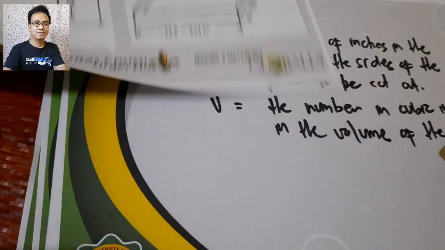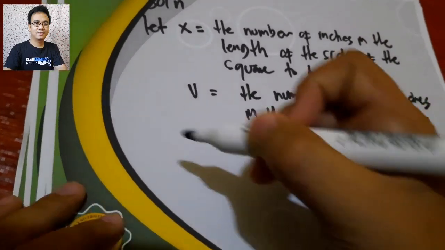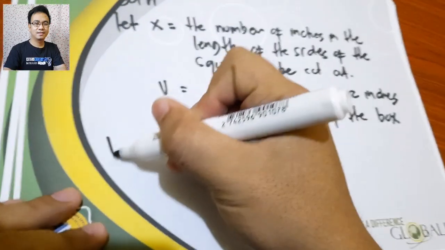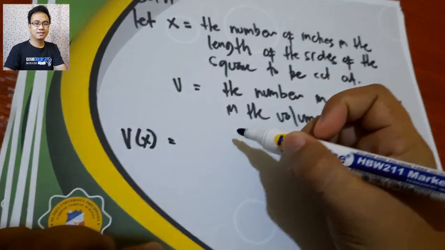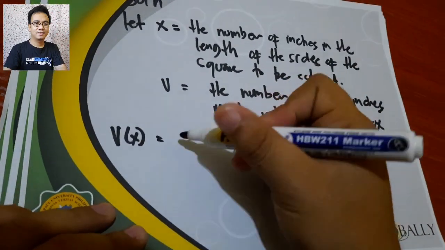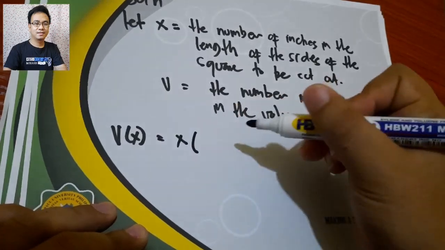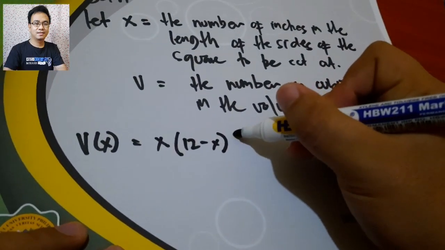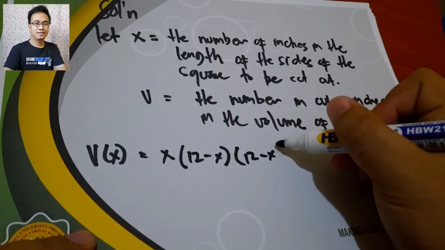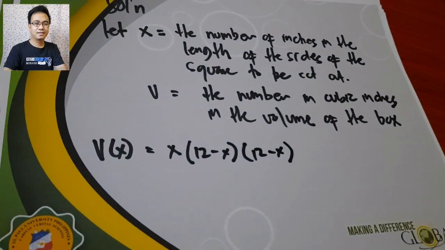And therefore, we have our working function or equation to be v of x equals x for the height, 12 minus 2x for the width, 12 minus 2x for the length.